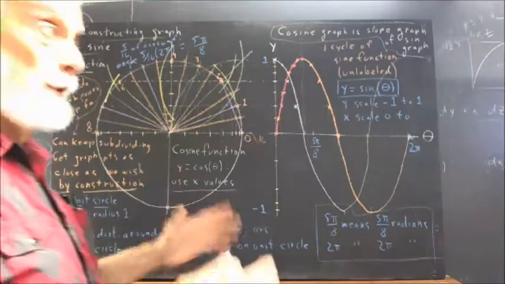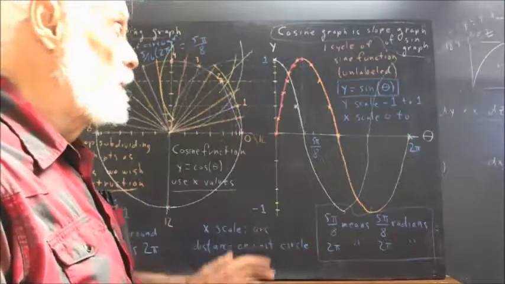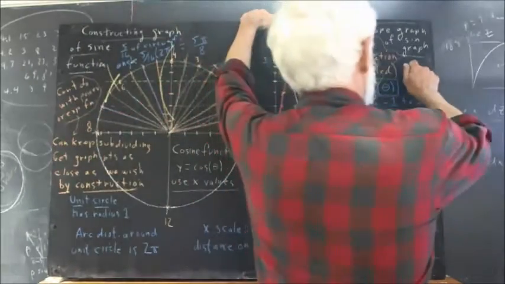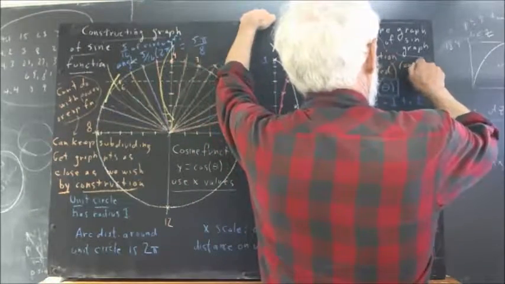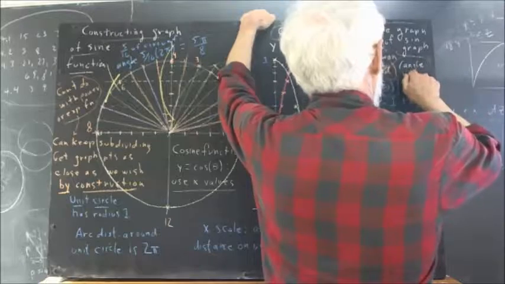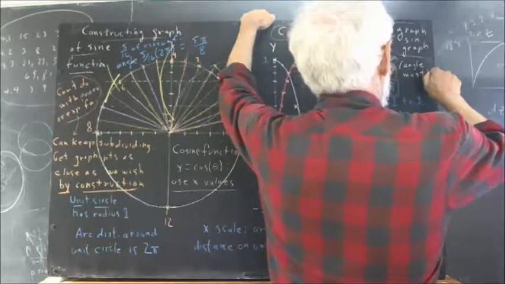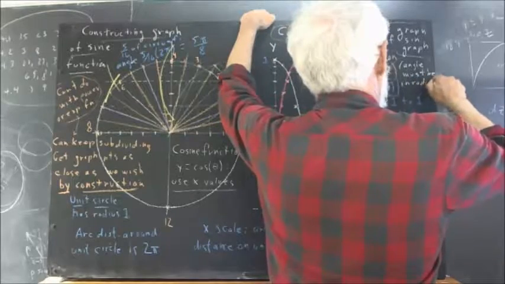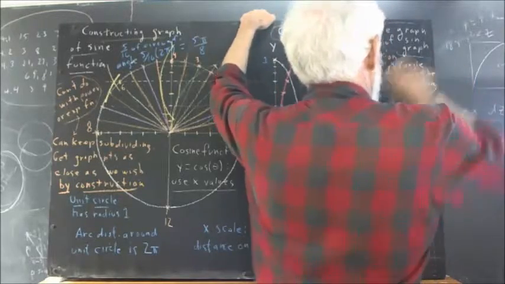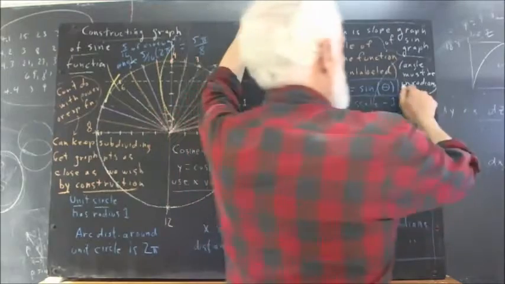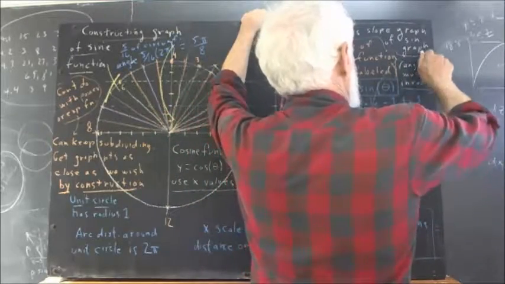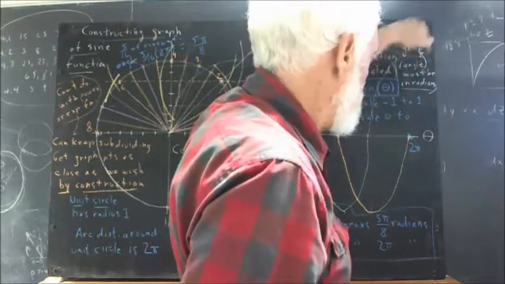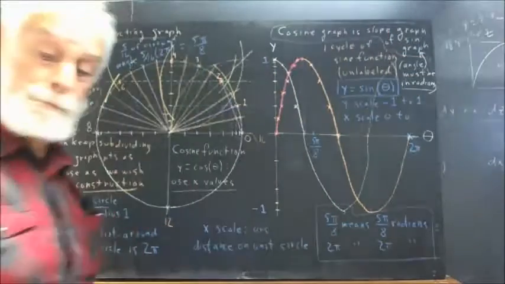That's one good reason the angle needs to be measured in radians. I don't have a lot of room to write that. But in order for this statement to be true, the angle must be in radians.